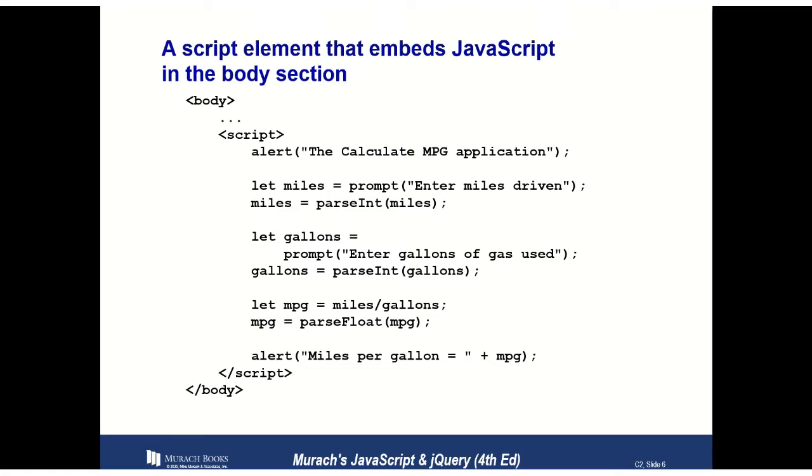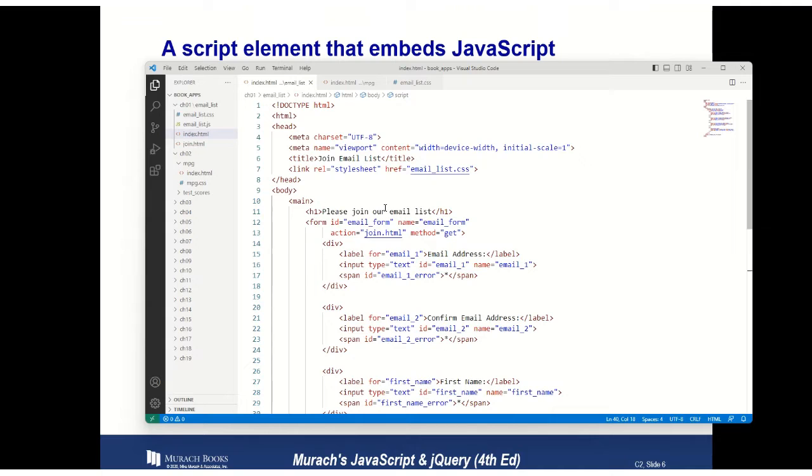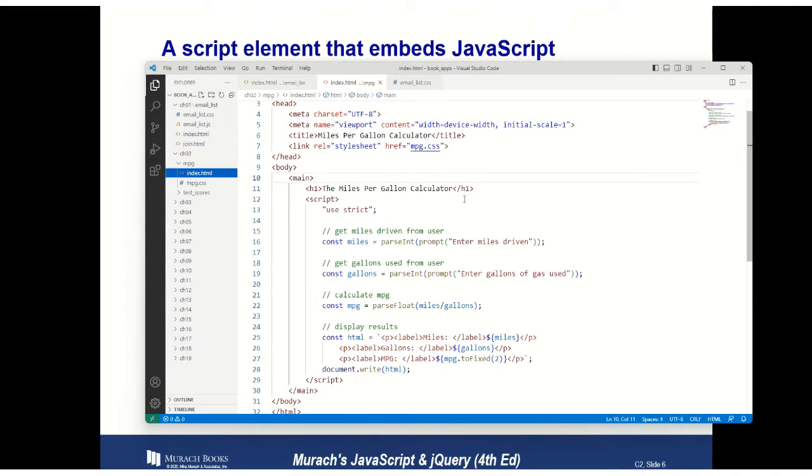But you can use the script in a different way as well. You can also embed the JavaScript inside your HTML code, just like this one. This is an example, MPG. You are just calculating miles per gallon.